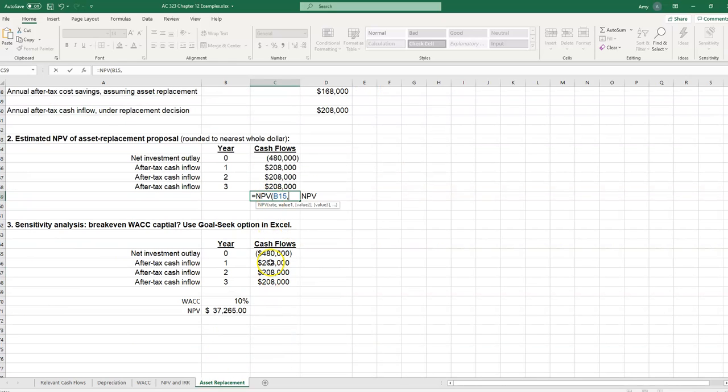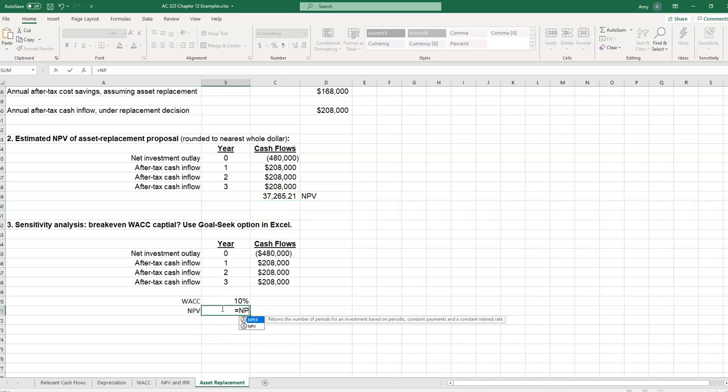Our cash flows are for years 1 through 3, and then plus our year 0 outflow. So we have $37,265.21. So do the net present value calculation here so we can run goal seek.